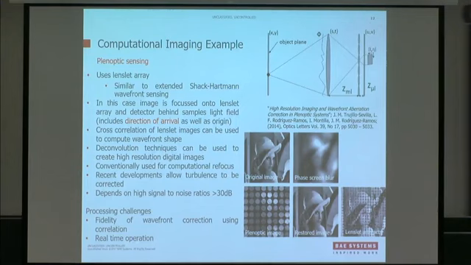As I say, it's conventionally used for computational refocus, but recent papers have started to look at this to allow turbulence to be corrected. And in this case, you don't need the mirror. Because you've got all the information there, you do some quite complex processing to recover the image and also to compensate for the wavefront distortion.